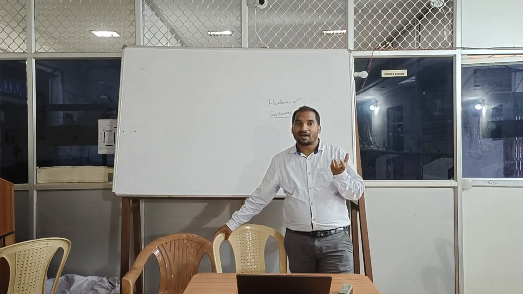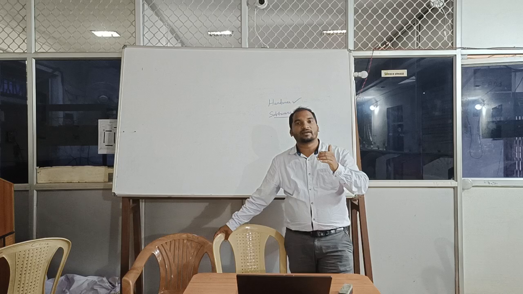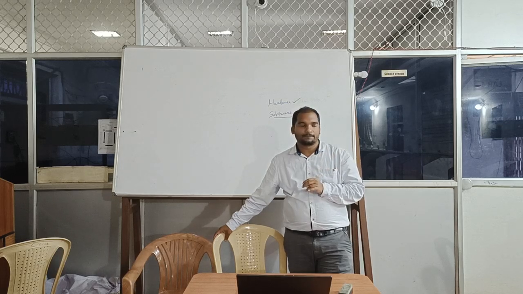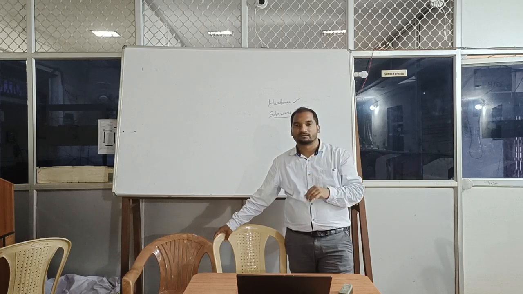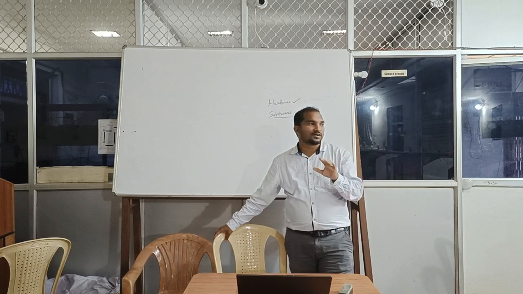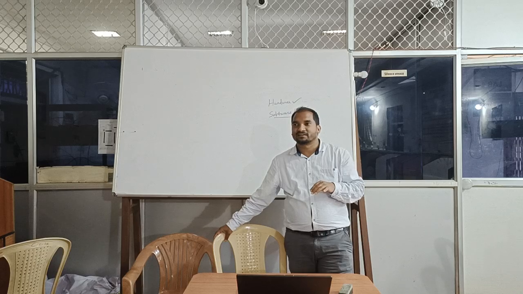Computer is a high-speed electronic device, I said. But one more point: this is a binary device. Binary device means it can understand only 0 and 1. Other than 0 and 1, computer cannot understand anything.